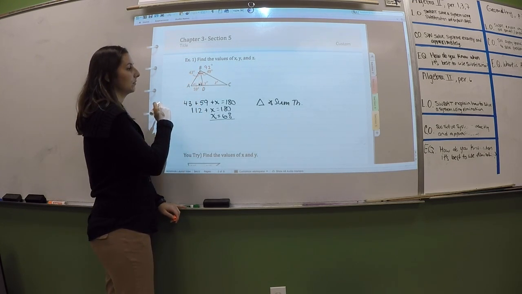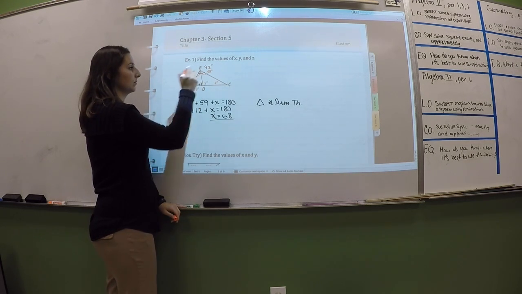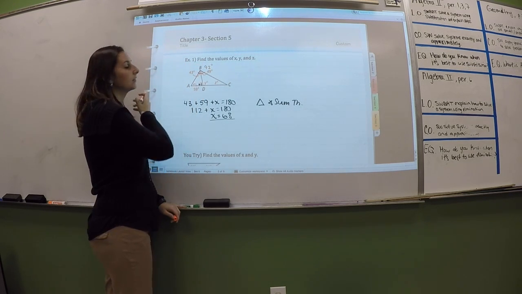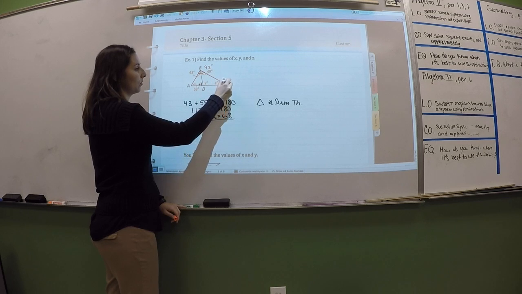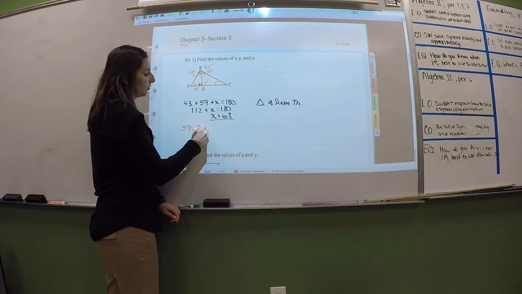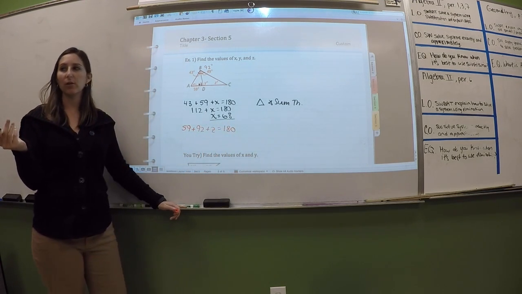So my thought would be 59 plus 92, minus 180 to get the z. So we're gonna do 59 plus 92 plus z equals 180. We can do that because they're a triangle, right?